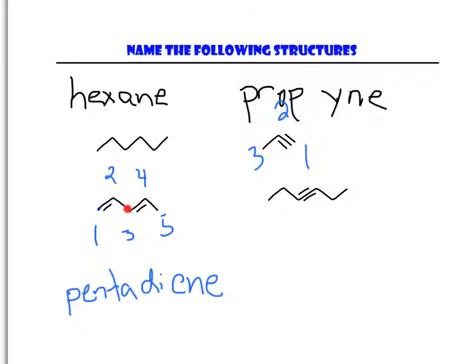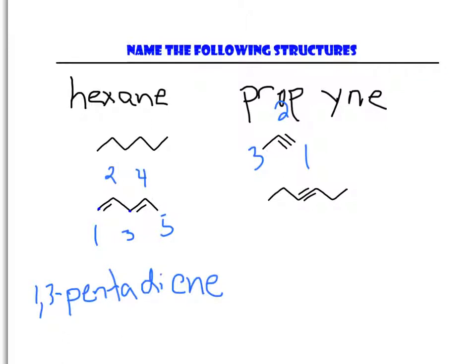Second double bond starts on the third carbon. So the structure is going to be 1,3-pentadiene. And when you label these, you always want to start with a 1, comma, 3, or whichever numbers they start on, and then you put this hyphen between the numbers and the name. So it says 1, comma, 3, hyphen, pentadiene.